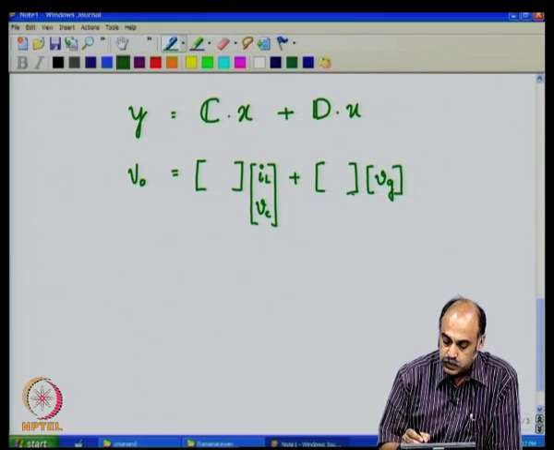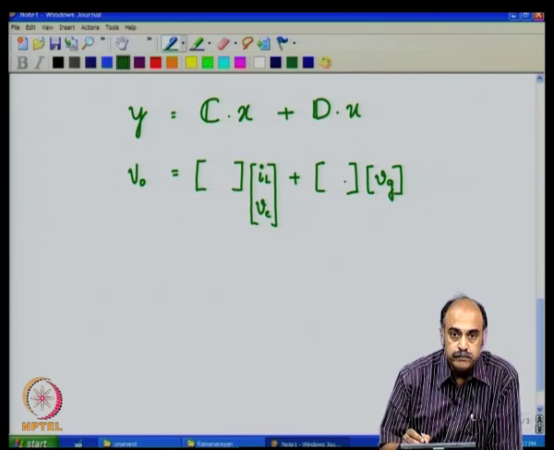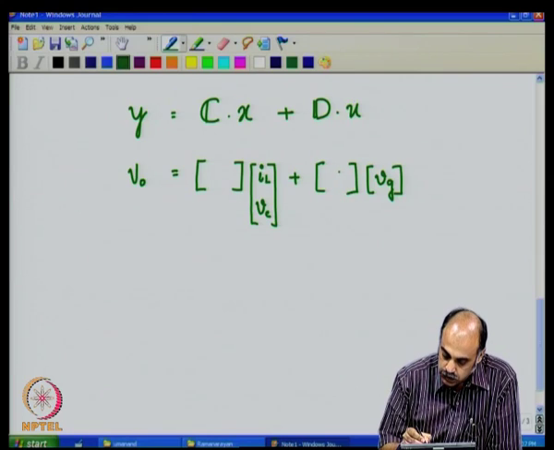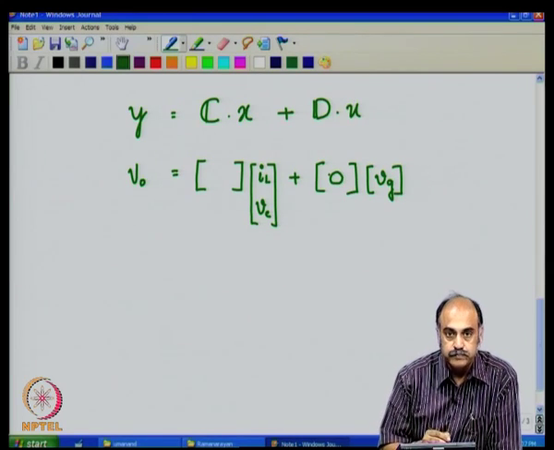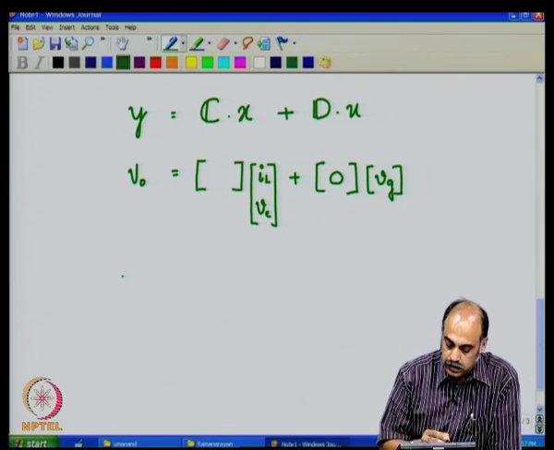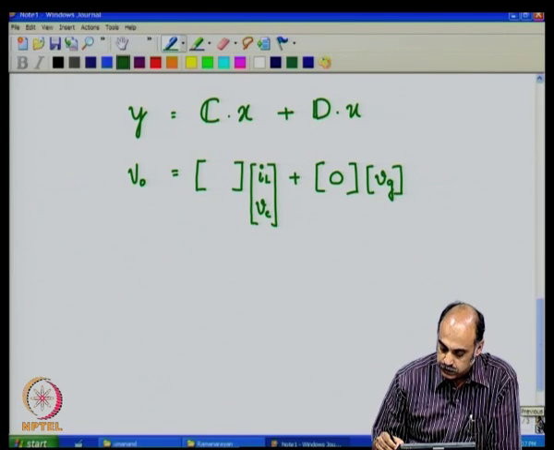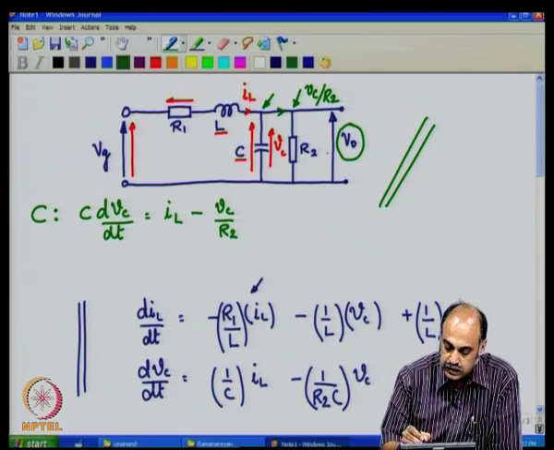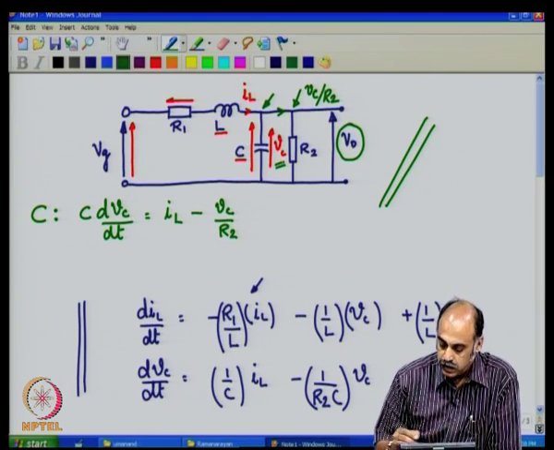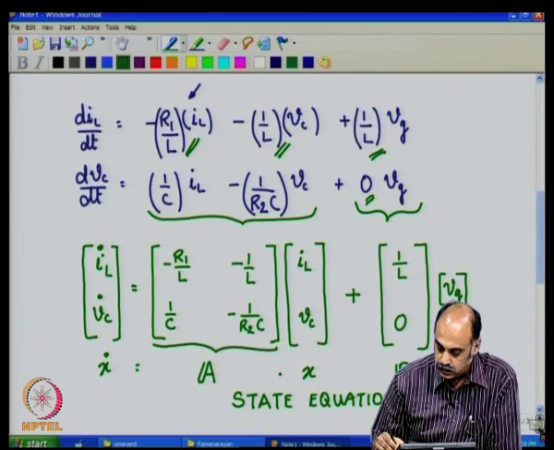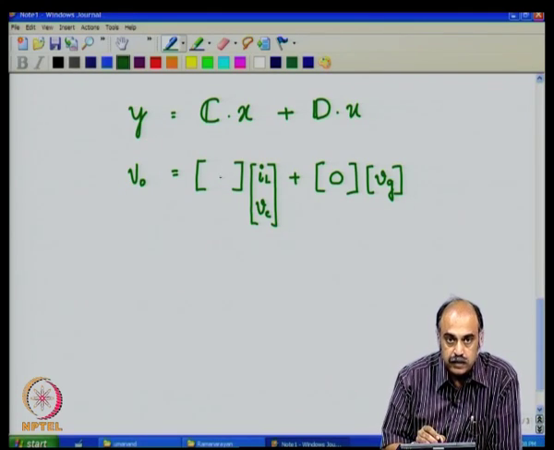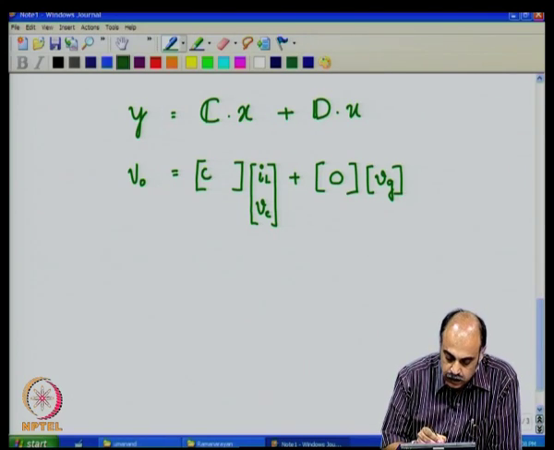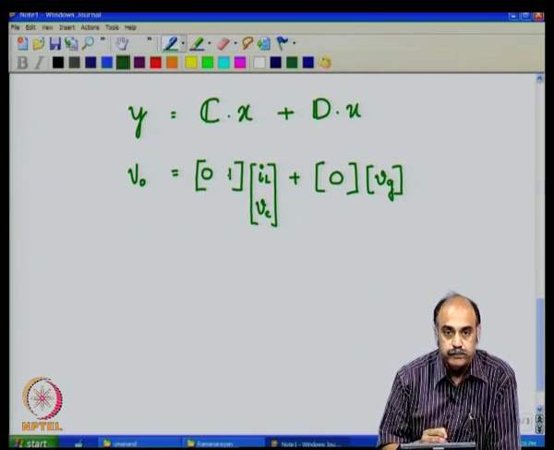Now, we see that there is no direct feed forward from the input to the output. So, D is nothing but 0, and again looking at the circuit, we see that V naught is nothing but the voltage across the capacitance, and therefore, we give the numbers to the C matrix accordingly as 0 and 1.